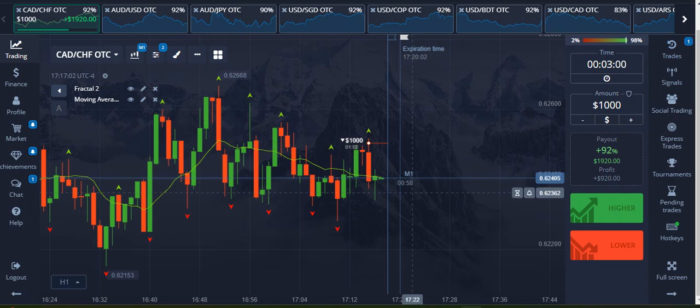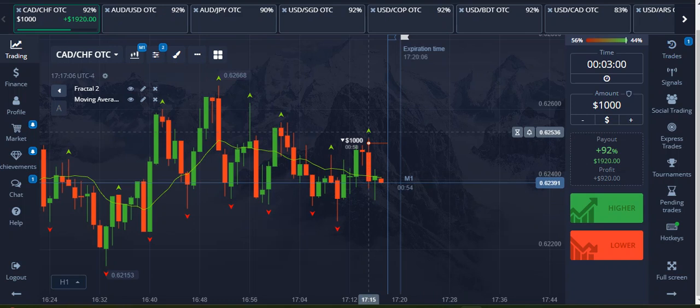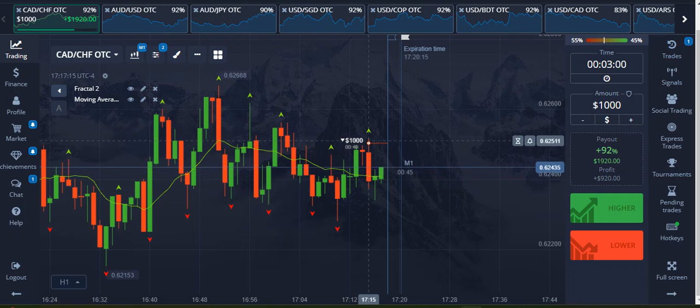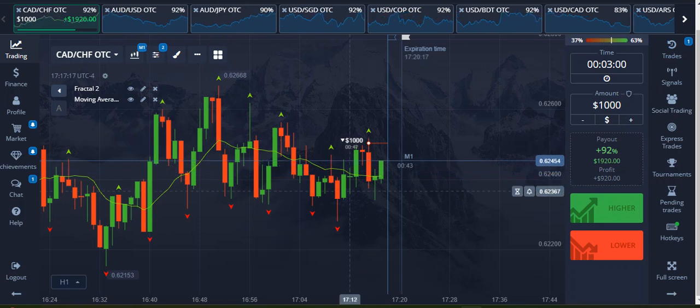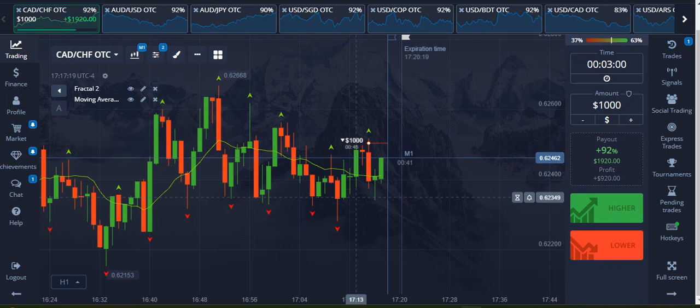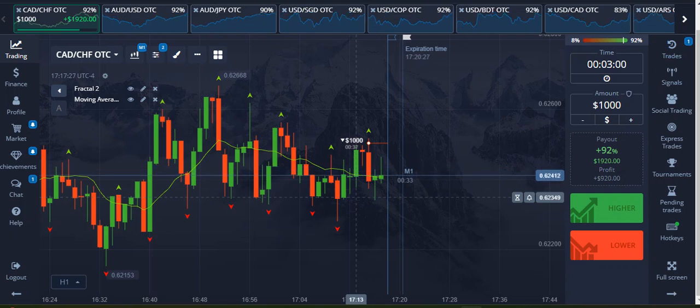Okay, and there goes the fractal now. It just formed, but it had formed earlier when I took the trade up here. So let's look for the results of this trade. I think we have about 30 seconds left in the trade.